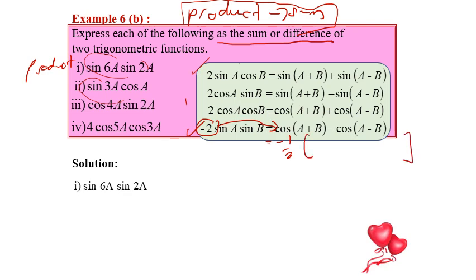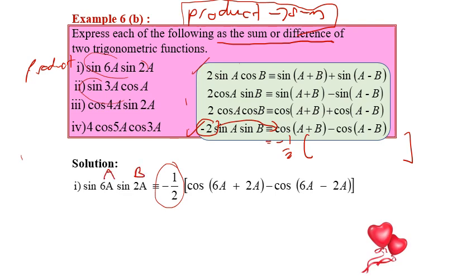So that's what happened in the solution. So you can see below here. So that's why we have negative 1 over 2 outside here. So cos, so let's say this one is A, this one is B. So this is basically A plus B, and this is basically A minus B. Okay.